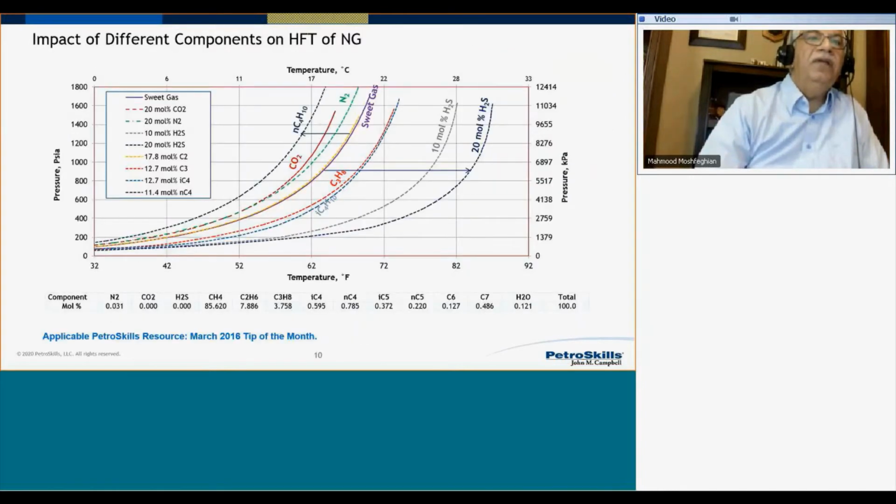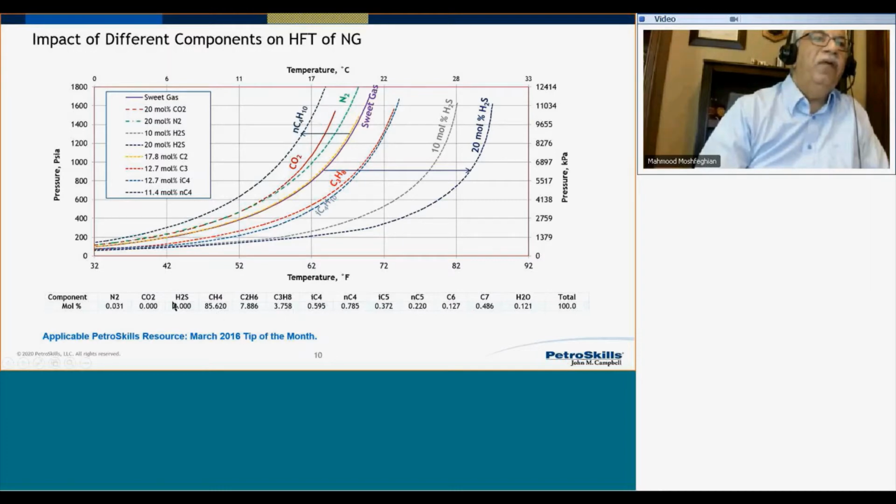This picture is from the Tip of the Month of March 2016, which is still on the John M. Campbell website, showing the contribution of different components on hydrate formation of a natural gas mixture. Let's consider a sweet gas with a composition shown at the bottom of the chart.